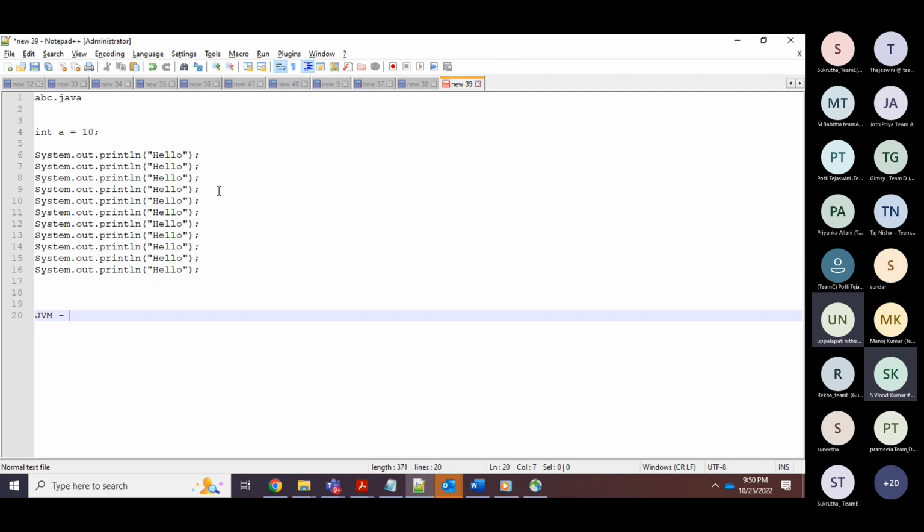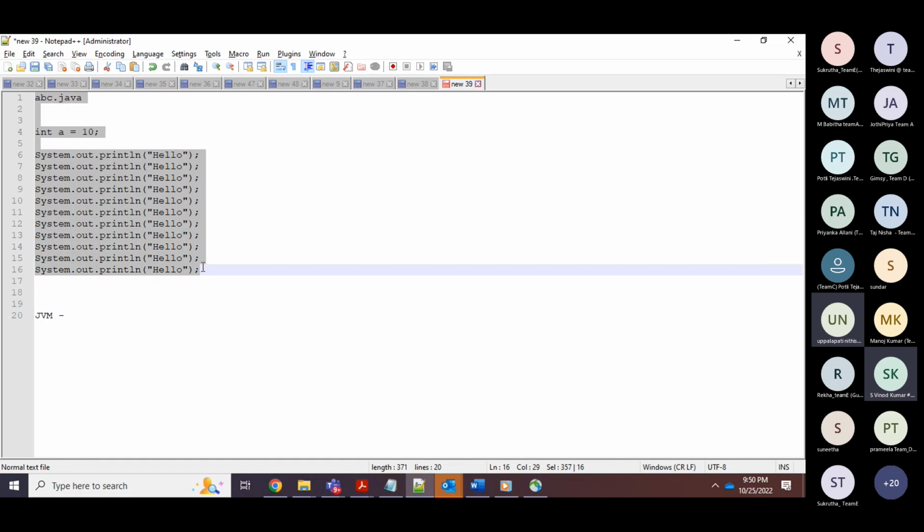This guy will change all these letters into ones and zeros. These ones and zeros, who will understand? Our computer or processor, whatever you want to call it.